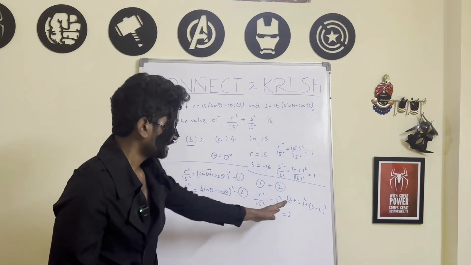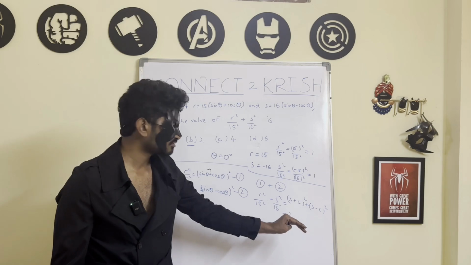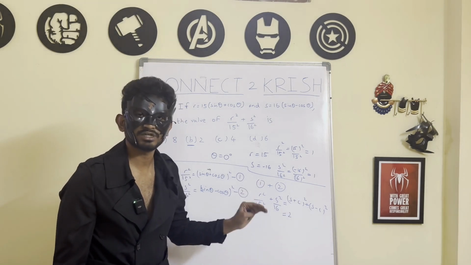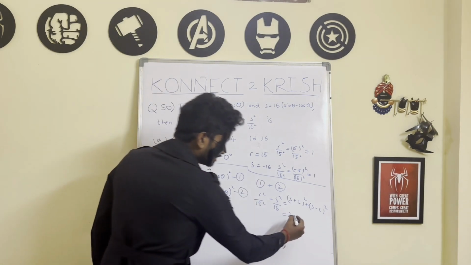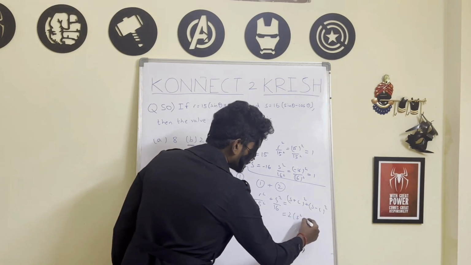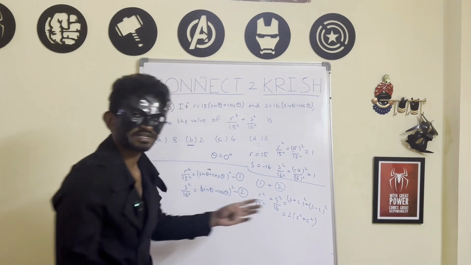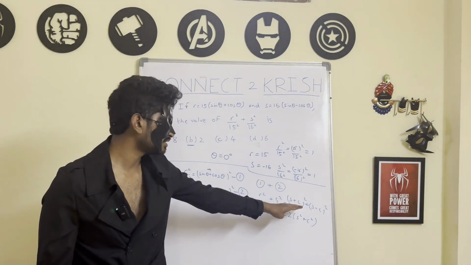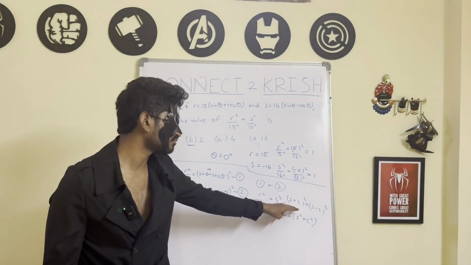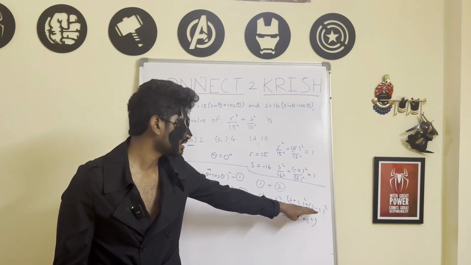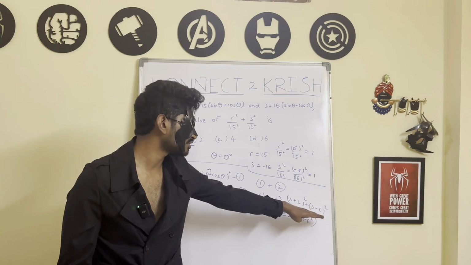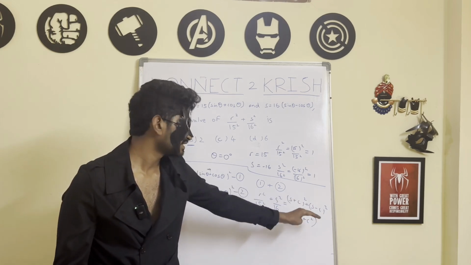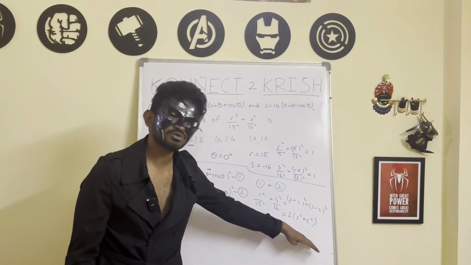Now (a plus b) whole square plus (a minus b) whole square expansion is nothing but 2 into (a square plus b square). Or else you can expand: (a plus b) whole square is a square plus b square plus 2ab, and (a minus b) whole square is a square plus b square minus 2ab. The plus 2ab and minus 2ab get cancelled. The remaining part will be 2 into (a square plus b square).